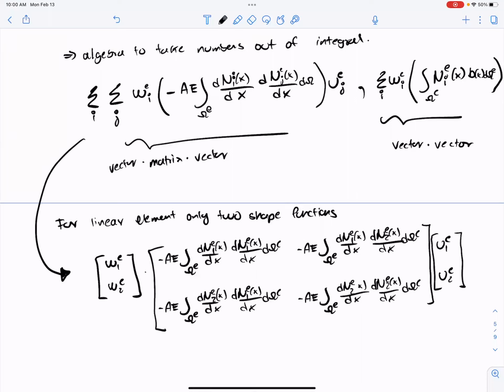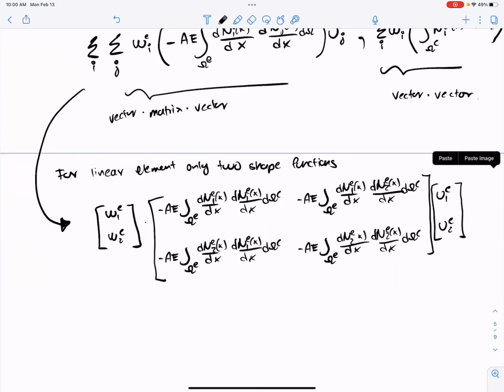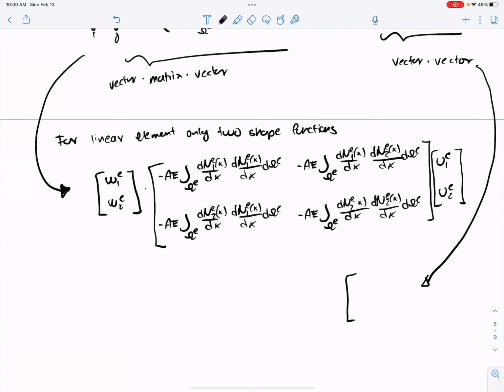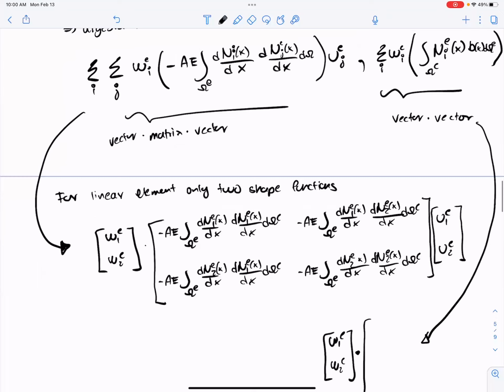And this is nothing more than rearranging this as a matrix, well, vector matrix vector multiplication, but it's the exact same thing that I had before. Whereas this other one, you can imagine it will end up being a vector as well, times another vector, and that other vector is just this one right here, but just either n is n1 or n is n2.